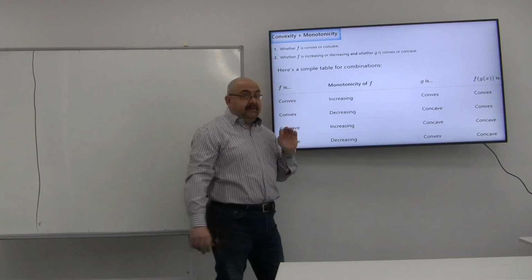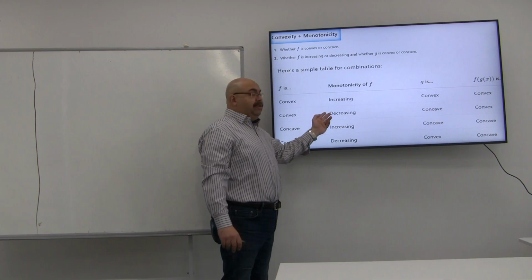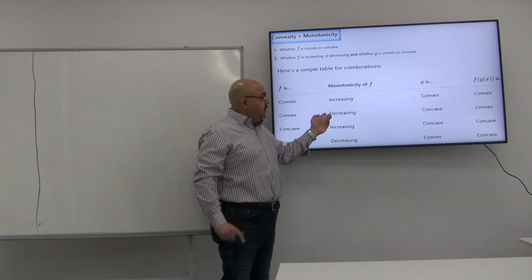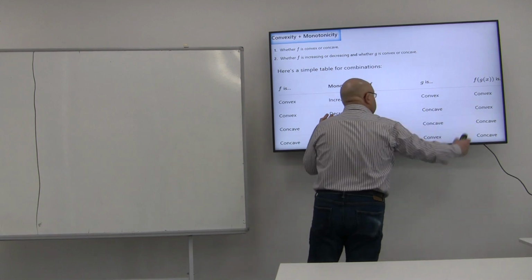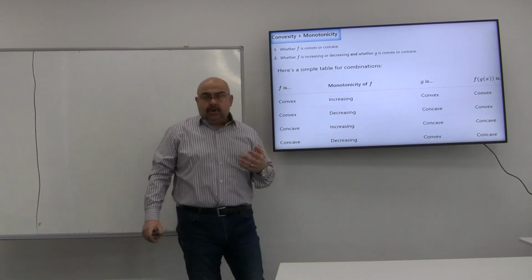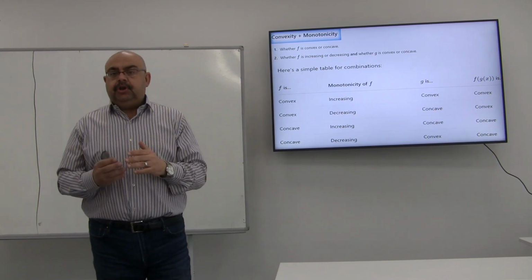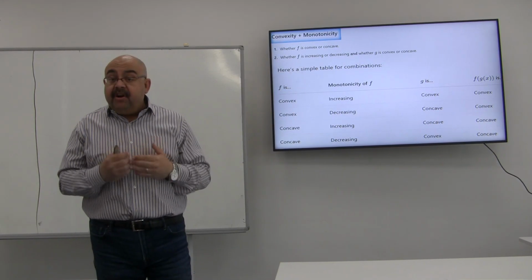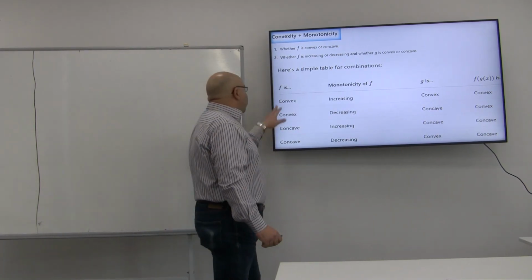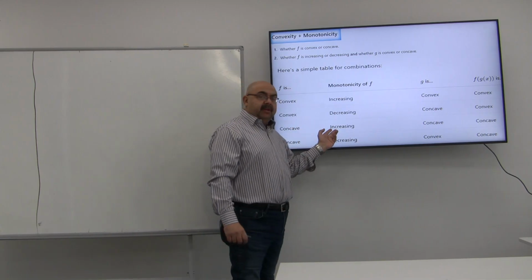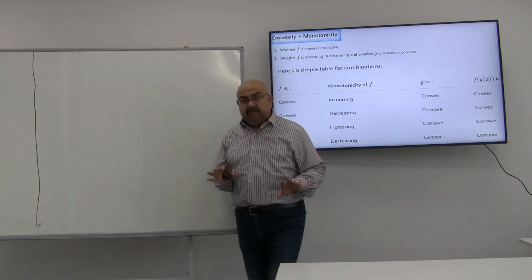The second line is very important. If f is convex and decreasing, even if g is concave, the result will be convex. So actually, the trend in the outer function will govern the result of this composition. Also, if f is concave and increasing, and the inner function is concave, you will have no issues, it will be concave.